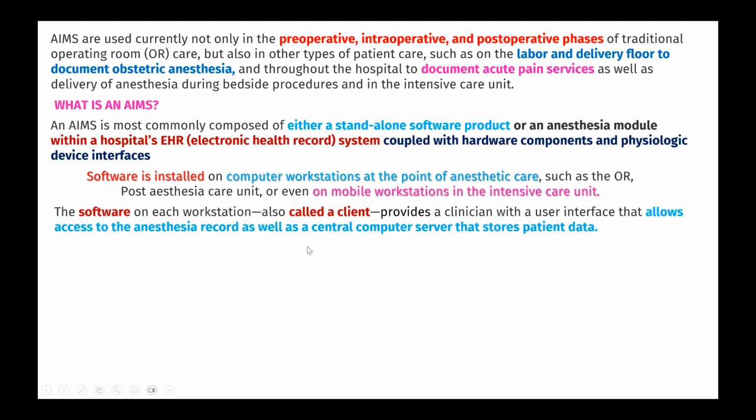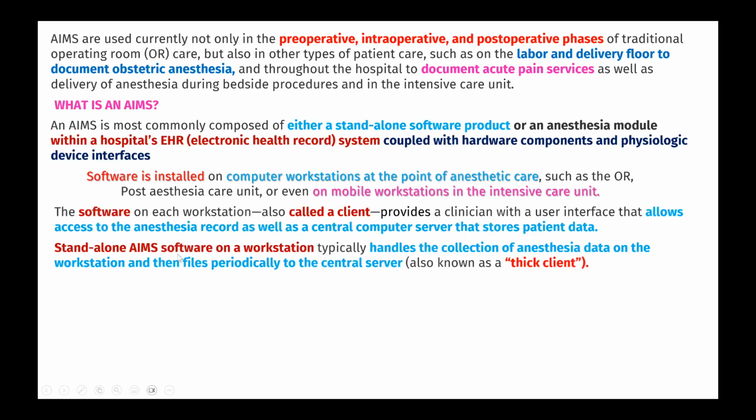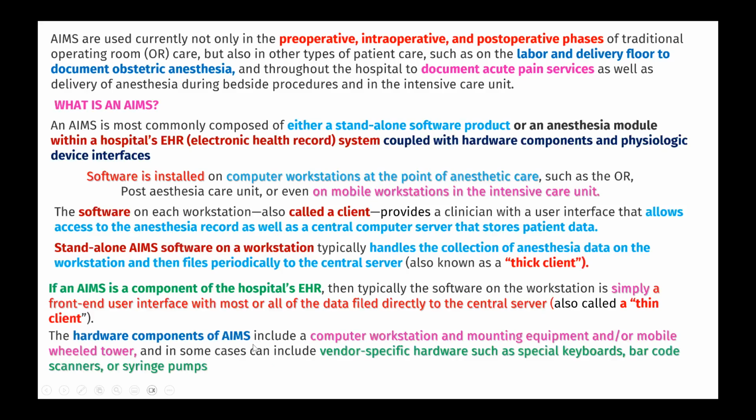And it mostly uses software nowadays. And this is a little more detail about how these softwares are being used. The hardware component is a computer workstation and a mounting equipment or a mobile wheeled cart, which can be used along with the anesthesia machine.